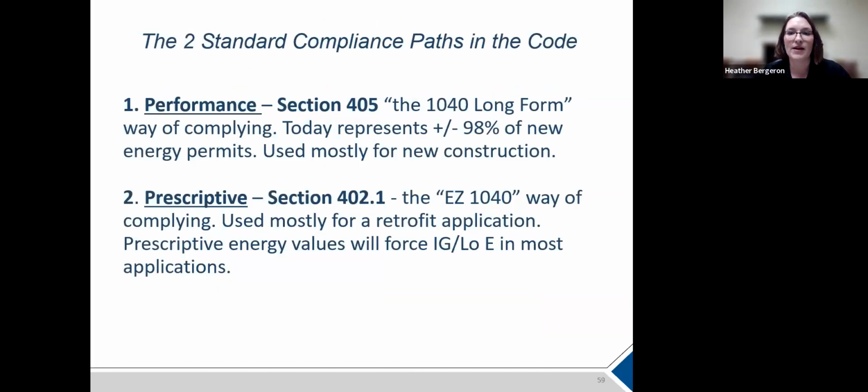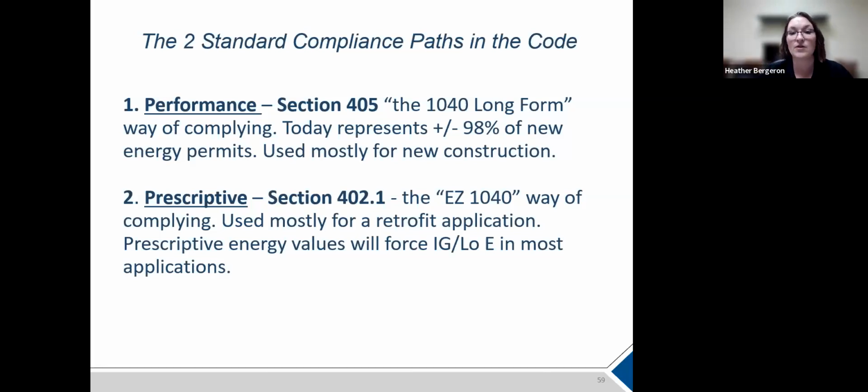The 2 standard compliance paths within the code. Some manufacturers base some of their information off of the different paths they're looking at. Maybe you choose the performance path, and that's typically the long form. It's kind of the same thing as a tax form, your 1040 being a long form, right?